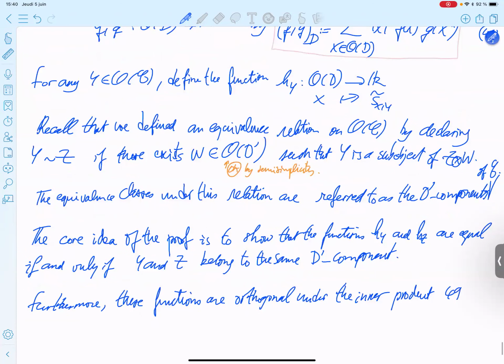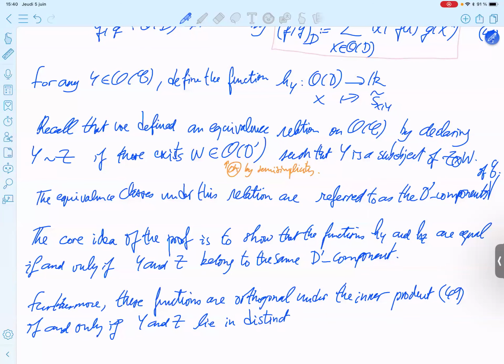If and only if y and z lie in distinct D prime components.